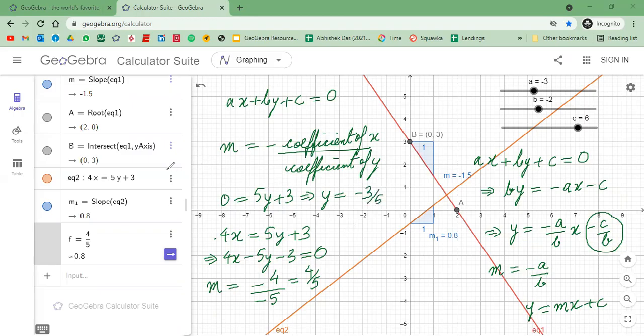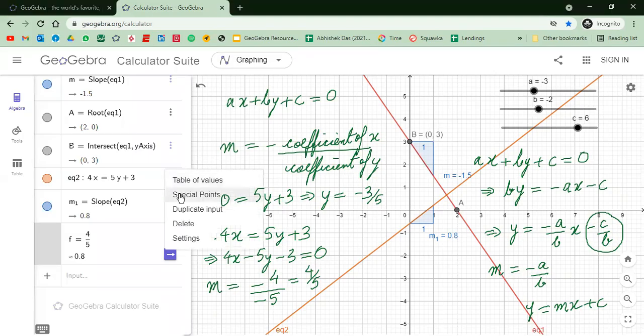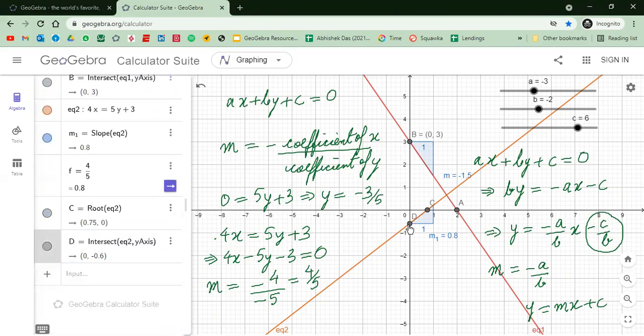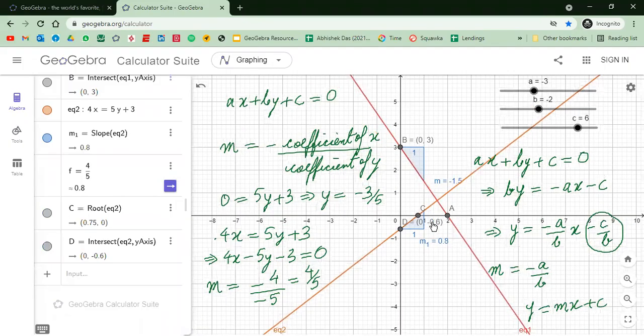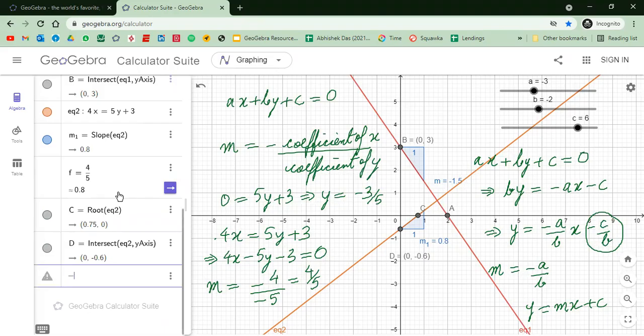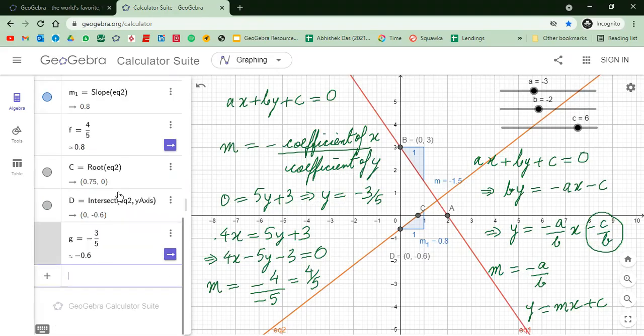Let's look at the special points of this line. For e, let's show the value. Okay, it's coming out to be minus 0.6. Let's see what is negative 3 upon 5. It should also come out to be the same.